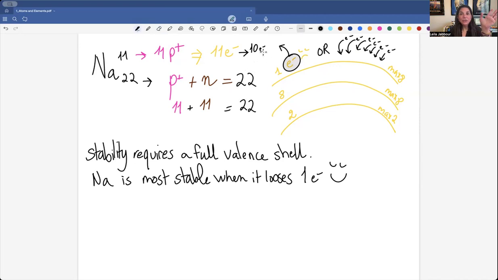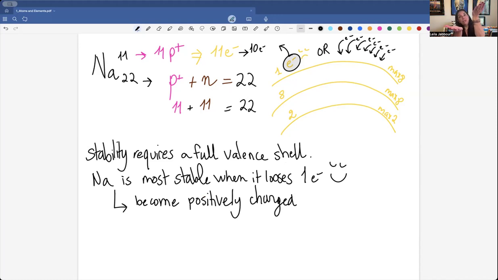Okay, so 10 electrons, that means we have 10 negative charges. We still have 11 positive charges in the nucleus. So this particular atom will have a tendency to become positively charged, because by plucking an electron out, we are not making it neutral anymore.